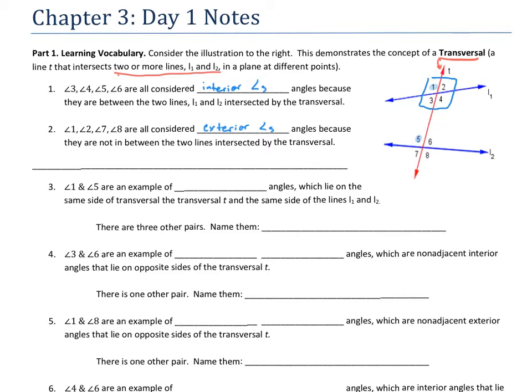Angle 5 and angle 1 are both in the same upper left corner of this box, in the exact same position in their relative clusters. These are called corresponding angles, because they're in the same position.